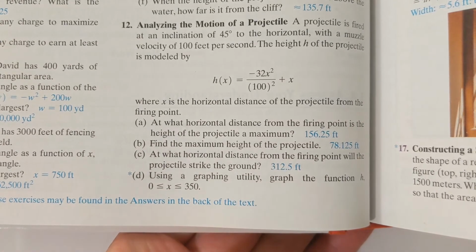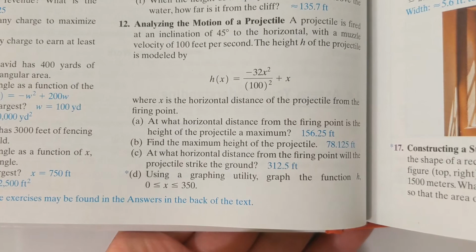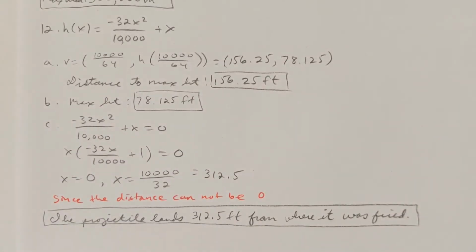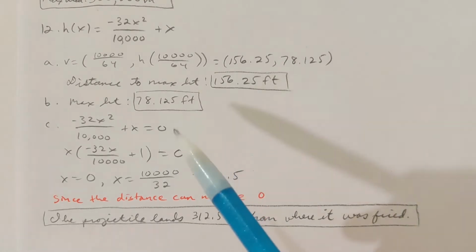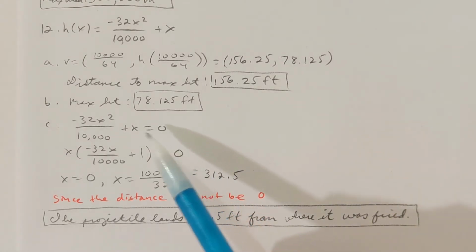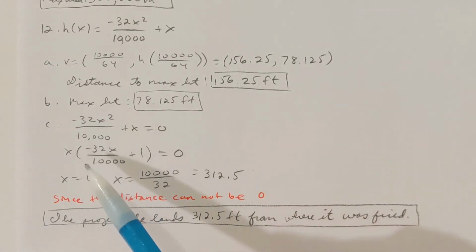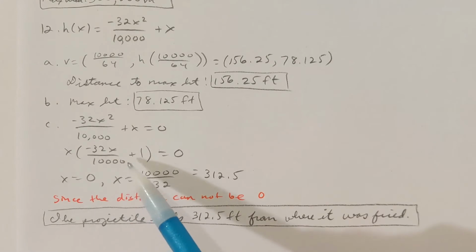Part C, at what horizontal distance from the firing point will the projectile strike the ground? Okay, well, the height at the ground is 0, so you set that equal to 0 and solve this equation for x. X is in common to both those terms, so I can factor out x.